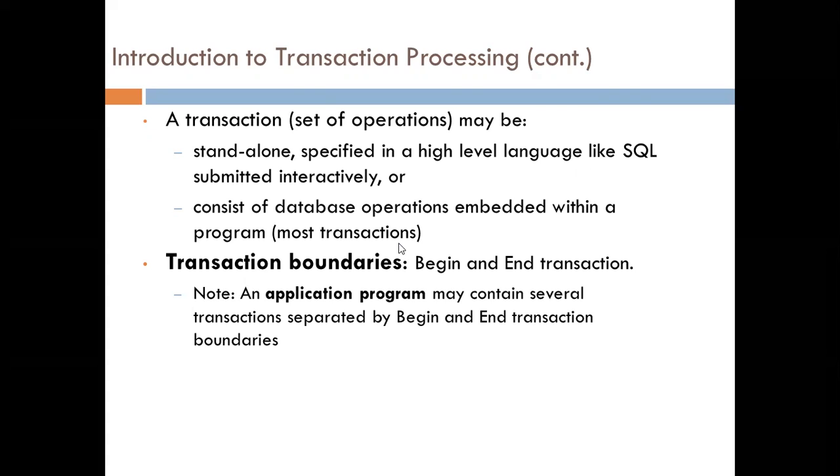They will again run the script to check which are the failed transactions, and within the failed transactions they will verify whether the amount is debited or not. If the amount is debited, that particular transaction will be reversed. An application program may contain several transactions, and each transaction will be demarcated with beginning and ending boundaries.